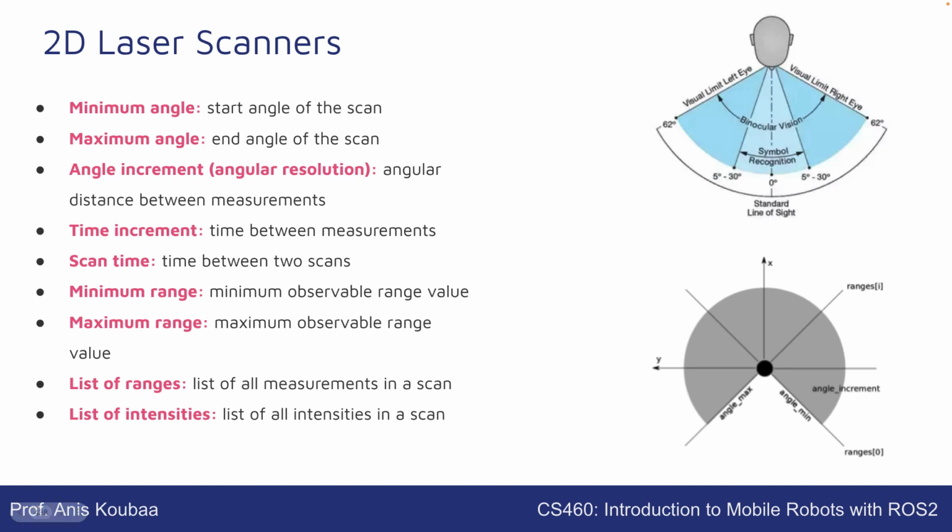The important parameter here is the list of ranges. This is what we are going to use in ROS2: the list of all measurements in a scan. It returns all the ranges around, and this is what we will be able to process, for example, in Python or in C++, in order to reason about where the obstacles are located and what action to take.